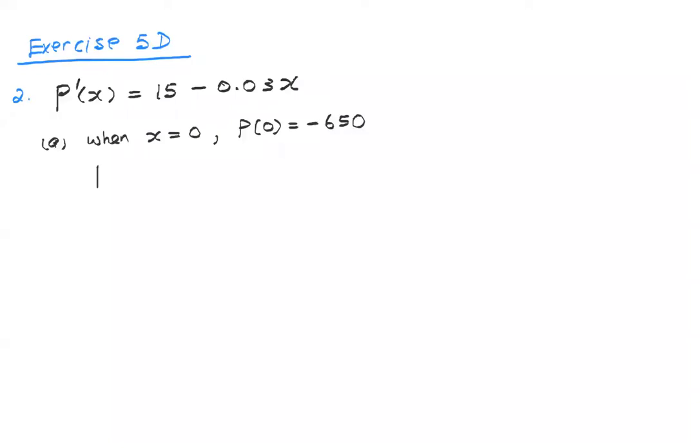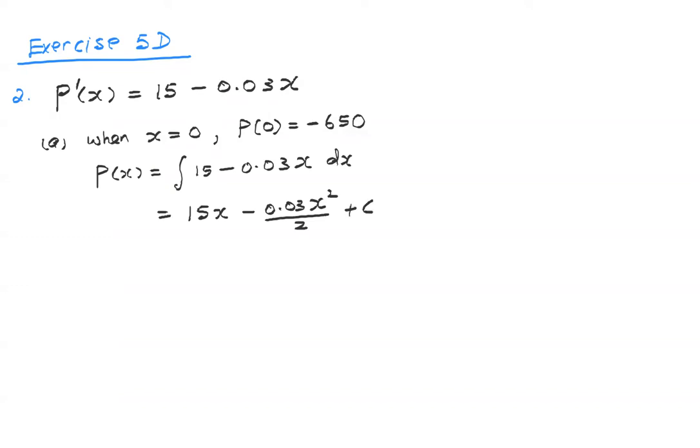Okay, so that is the first information you have to jot down before you start to integrate. So the profit function will be the integral of this. So this will be equal to 15x minus 0.03 x to the power of 2, divided by 2, plus c.